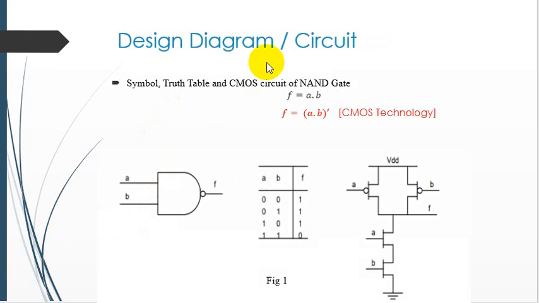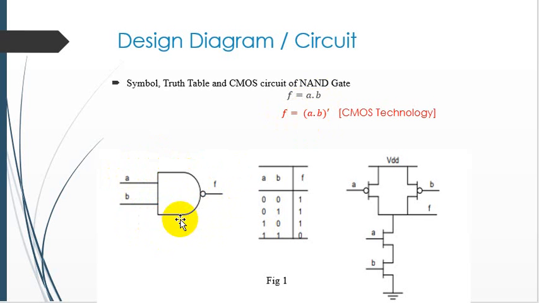So the first basic universal gate is the NAND gate. The NAND gate is the opposite of our AND gate. This is the function of our AND gate, and the NAND gate represents that it's the NOT of the AND gate. The symbolic representation of our NAND gate is like this.